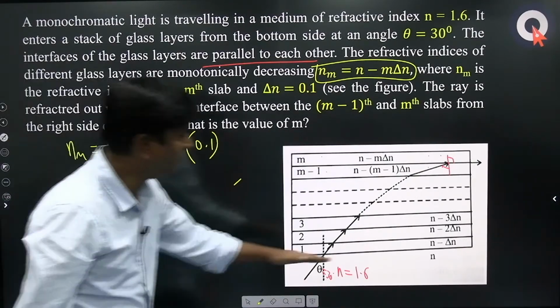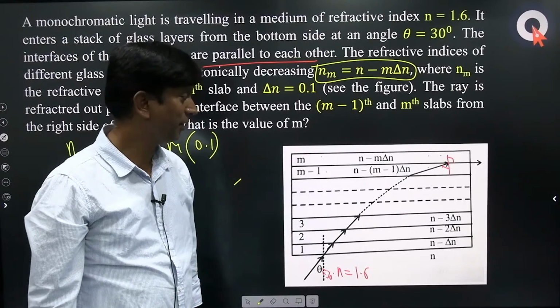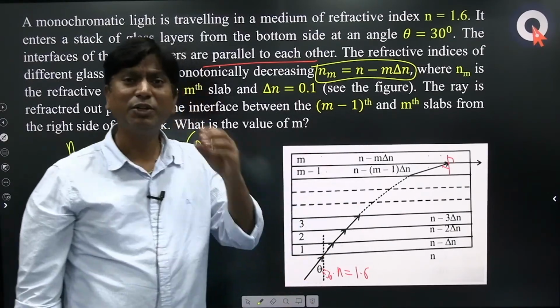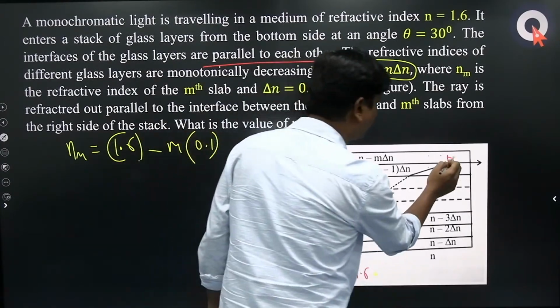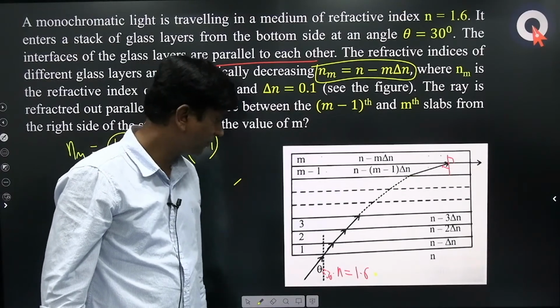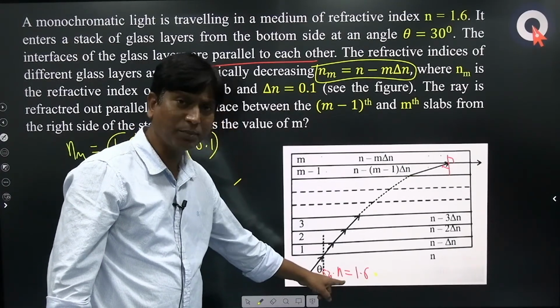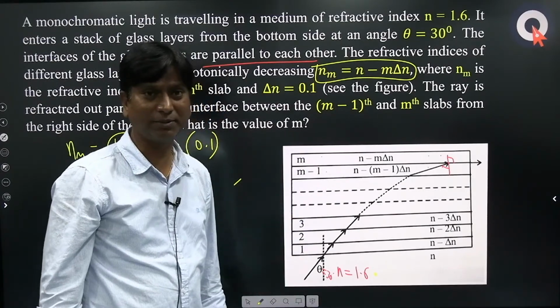Whenever it is parallel slabs, how do we approach this problem? Whenever it is parallel slabs, you can directly use Snell's law from this point to this point. That means you can use Snell's law directly from this layer, which is 1.6, to the mth slab, because all are parallel slabs.